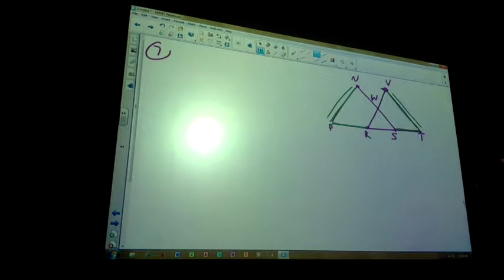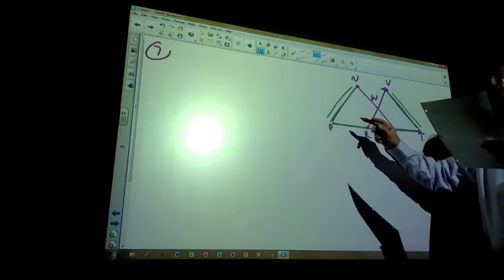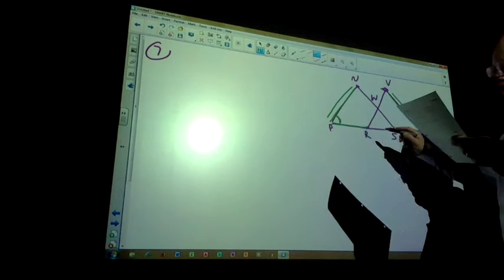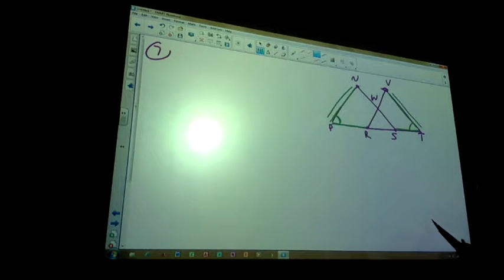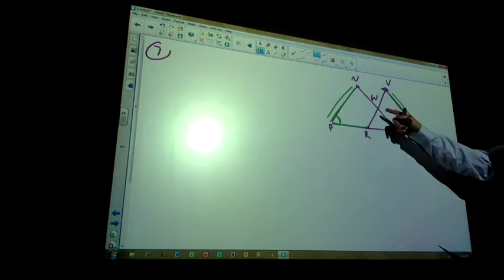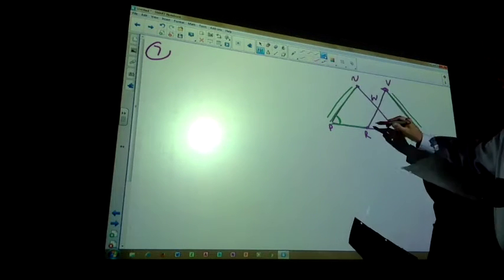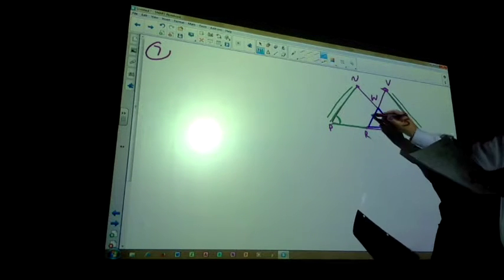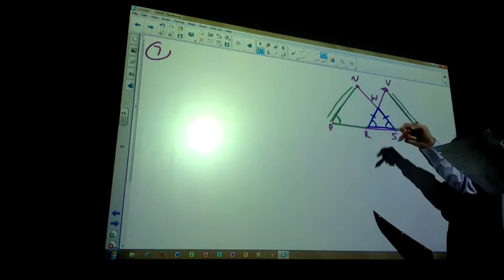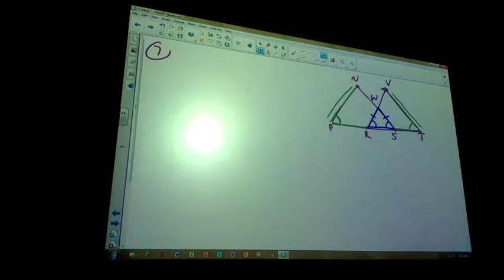And then angle P is congruent to angle T. And we want to prove that this here, WRS, is an isosceles triangle. This is what we're trying to prove. None of that is proven yet. We just want to get to that point. Okay.